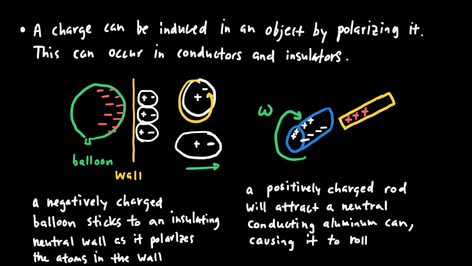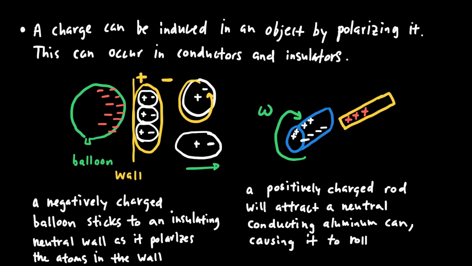In essence, as the electrons wrap around toward the balloon, they would get sort of slingshot back to the other side and spend more time on that side. And so for that reason, if you imagine many atoms in the wall all doing this, then effectively there would be more negative charge away from the balloon and more positive charge toward the balloon. So not that the positive charge actually moved or were moved out of the atoms.